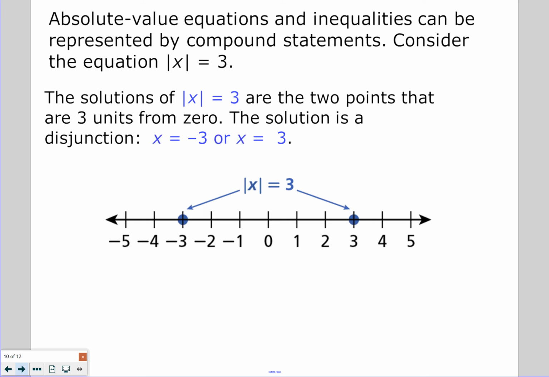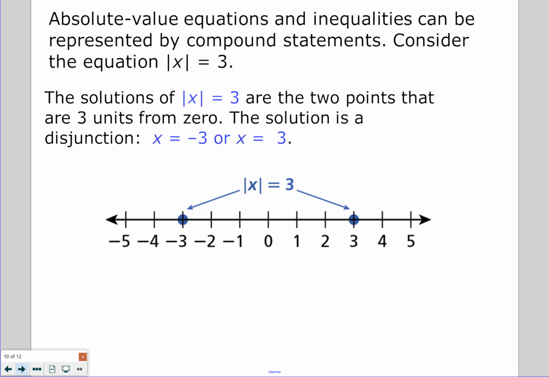Now, when you do this and have the absolute value equal to a number, you're going to set up a disjunction with the word or, where the answer is one or the other. Now, there's a couple of things you need to know.